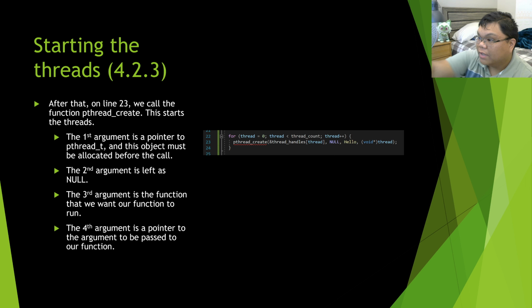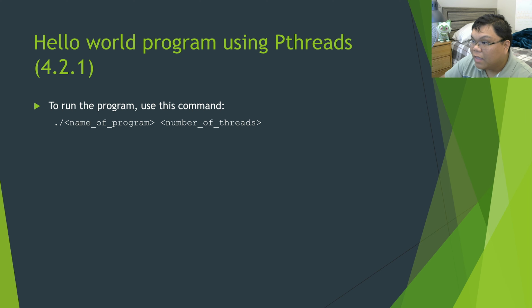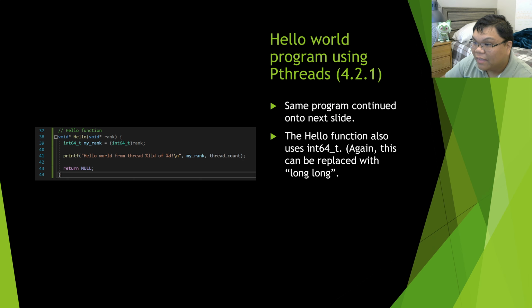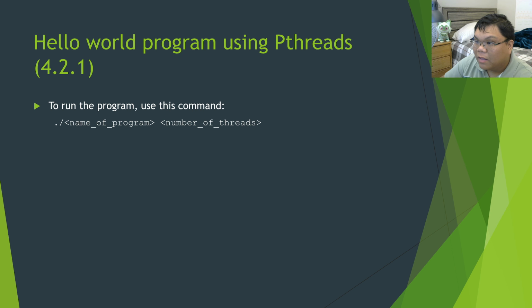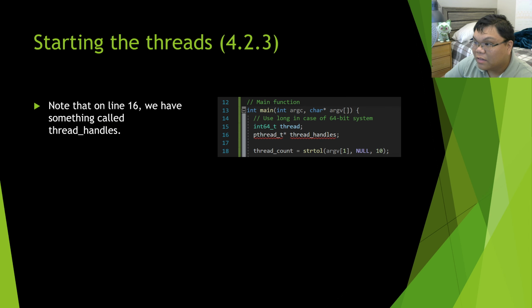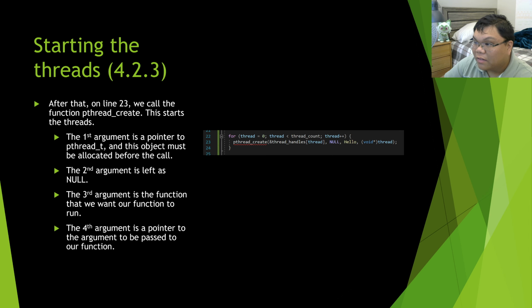The fourth argument is a pointer to the argument to be passed to our function. So void star, cast to void star thread. If we go back to our function here, we have void star rank as our parameter, and we want to pass an argument to our hello function, and that argument is going to be thread.